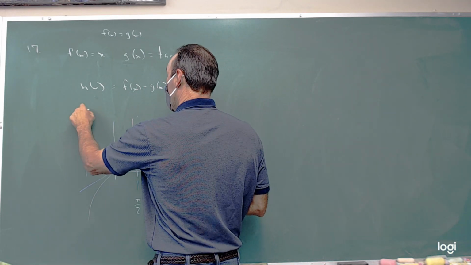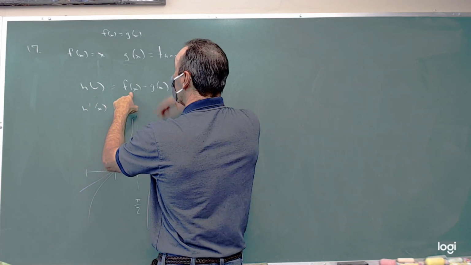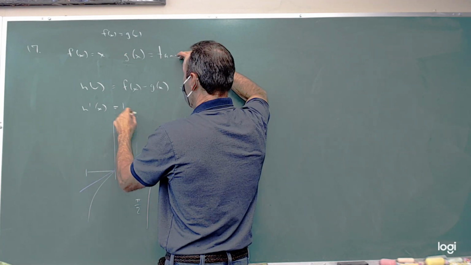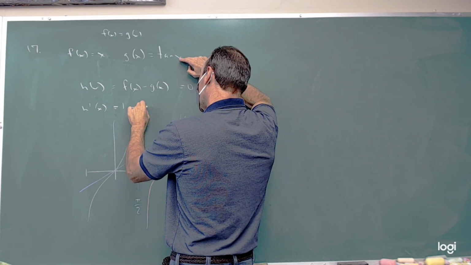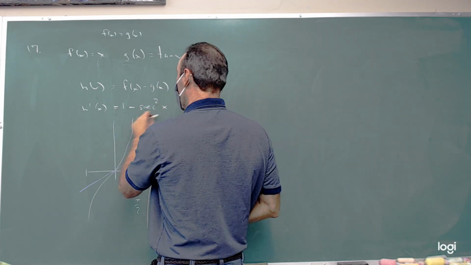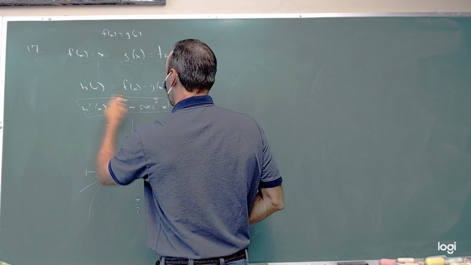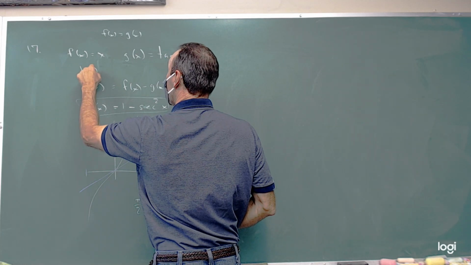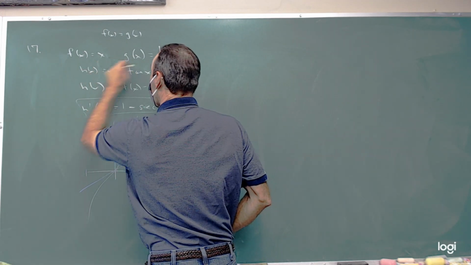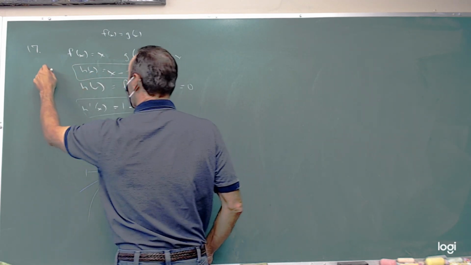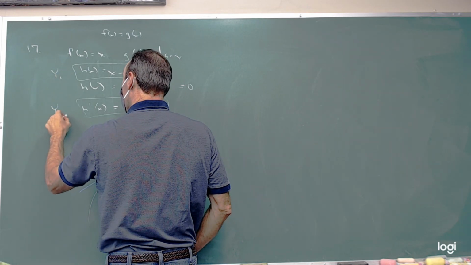You're going to have to find h prime. And so that's going to be 1 minus, and the derivative of tangent is secant squared. So here's your derivative, and your original function is x minus tangent x. So we're going to put this in as y1, this in as y2.